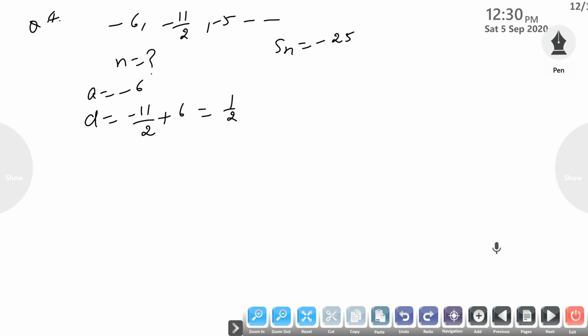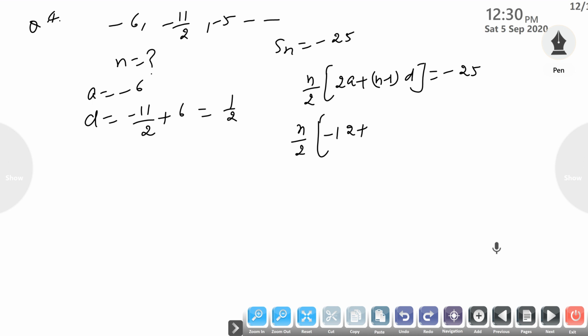Then Sn equal to n by 2 into 2a plus n minus 1 into d, this is equal to minus 25. Put the value of a and d, we get n by 2 into 2 into a, minus 12, plus n minus 1 into d, 1 by 2, this is minus 25.